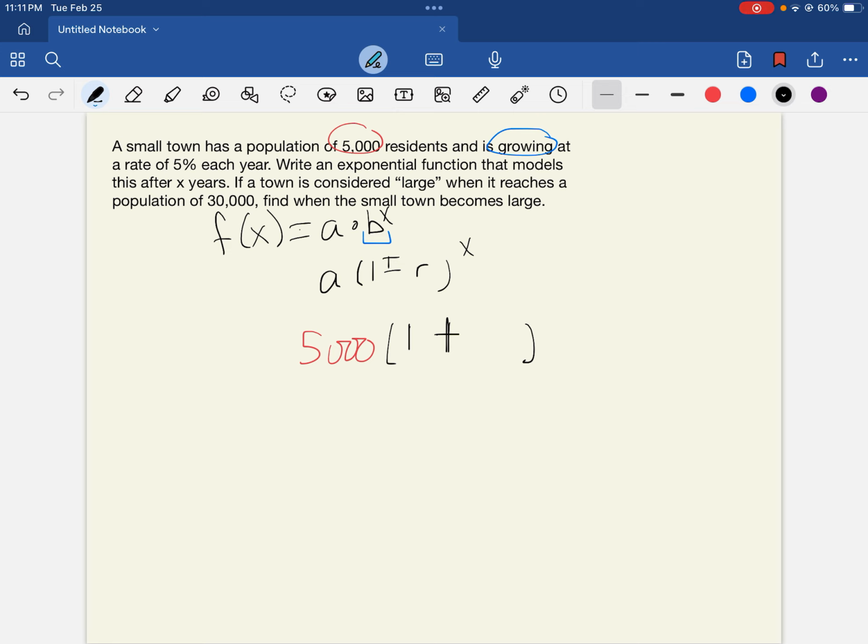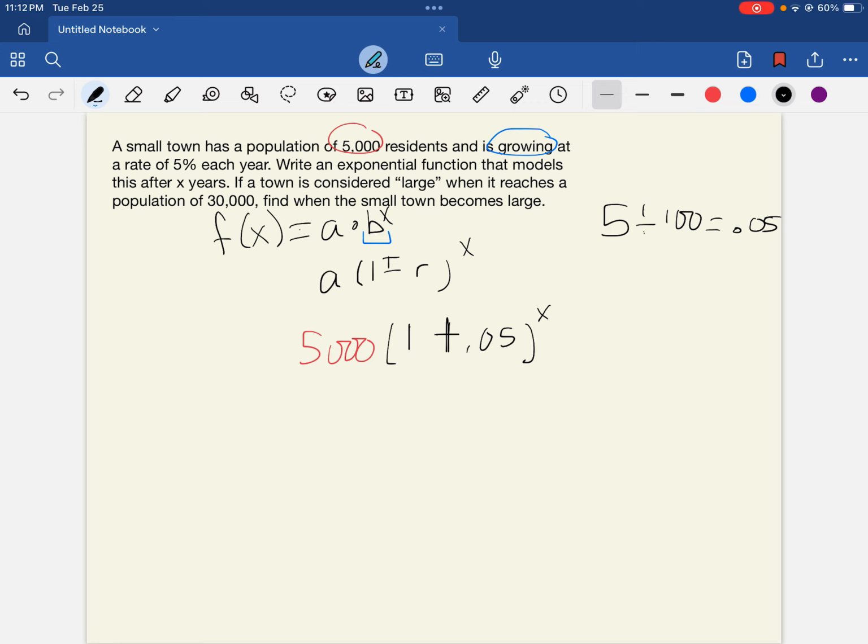What we're going to do is convert that 5% into a decimal. We do that by taking 5 and dividing it by 100. And when I do that, I get 0.05. So I'm going to take that 0.05 and add it to my 1. Now we have a growth factor.